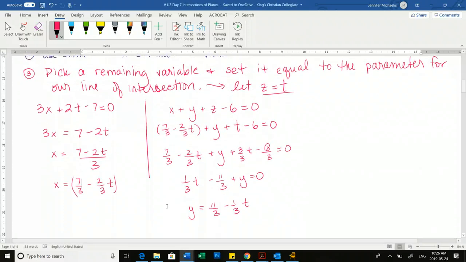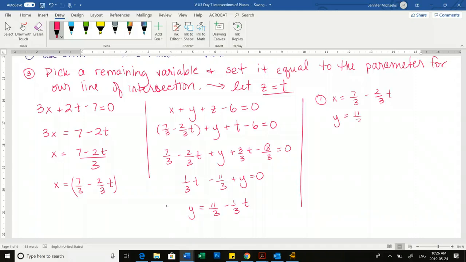Okay, we actually just found our 3 parametric equations. We have one in terms of x, another in terms of y, and one in terms of z. It's just z equals t. So can someone find our vector equation of our line of intersection for us?